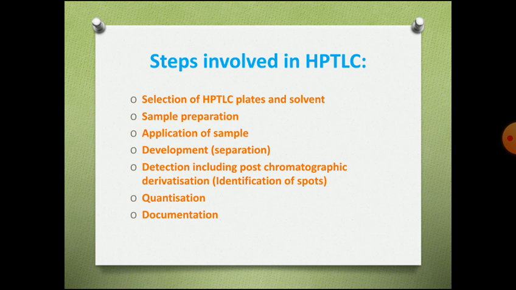That chromatogram we have to save or take a printout of that graph. That will be the documentation part. Actually these are the steps to follow while analyzing any kind of sample with the help of this HPTLC technique.